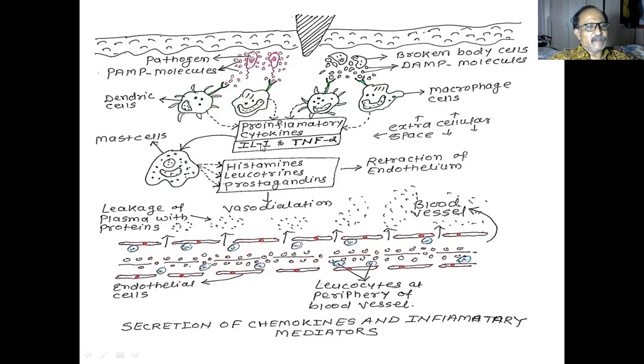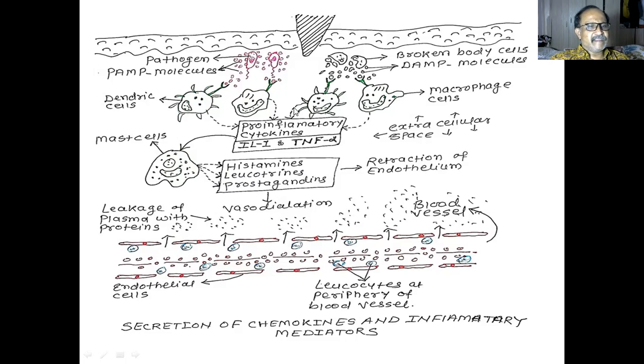Interleukin 1 and TNF alpha activate or stimulate these mast cells, and the mast cell secretes other secretions like histamines, leukotrienes and prostaglandins. These are called the inflammatory mediators.